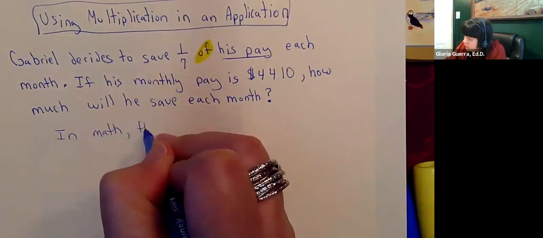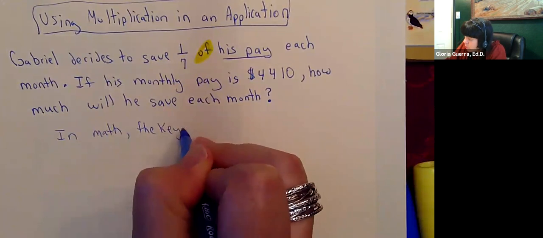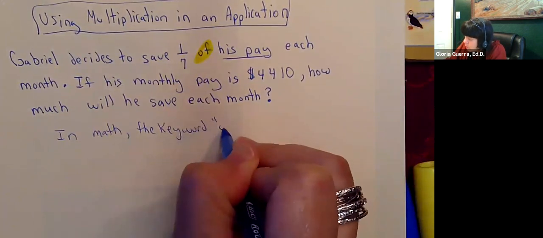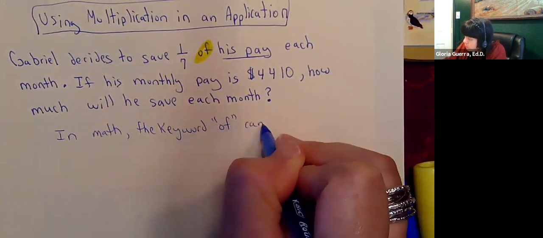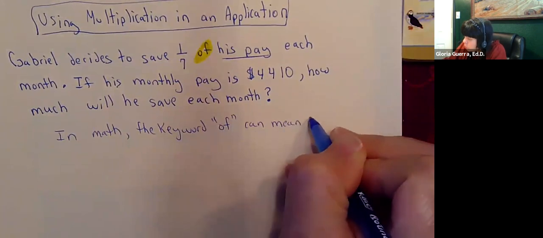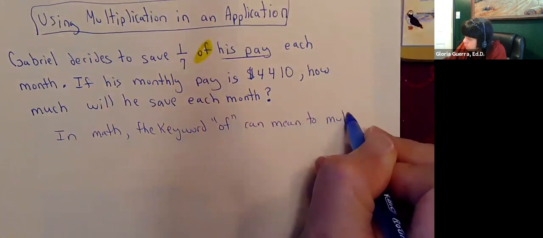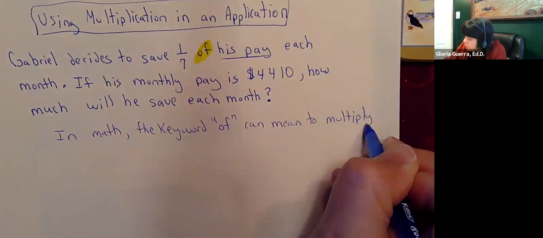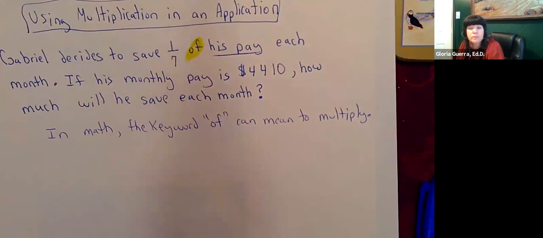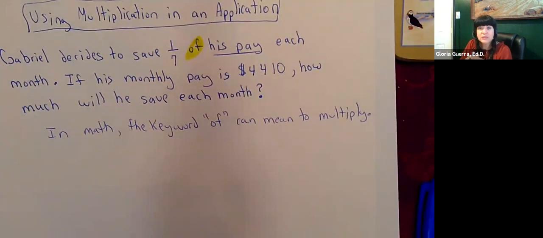The keyword of can mean to multiply. So he decides to save 1/7 of his pay each month. If his monthly pay is 4,410, how much will he save each month?